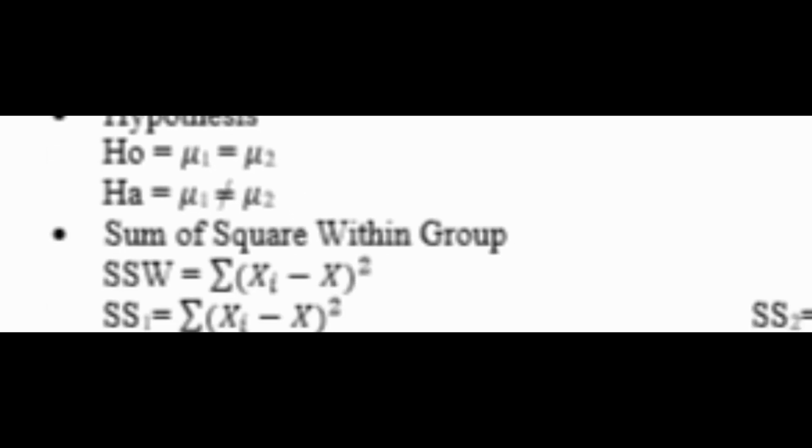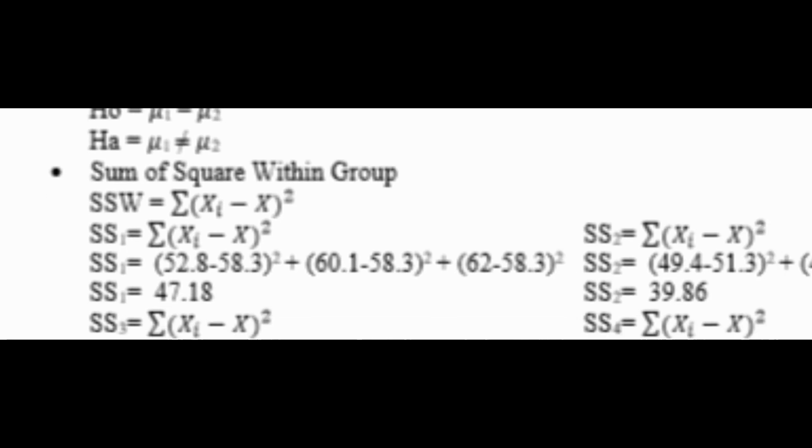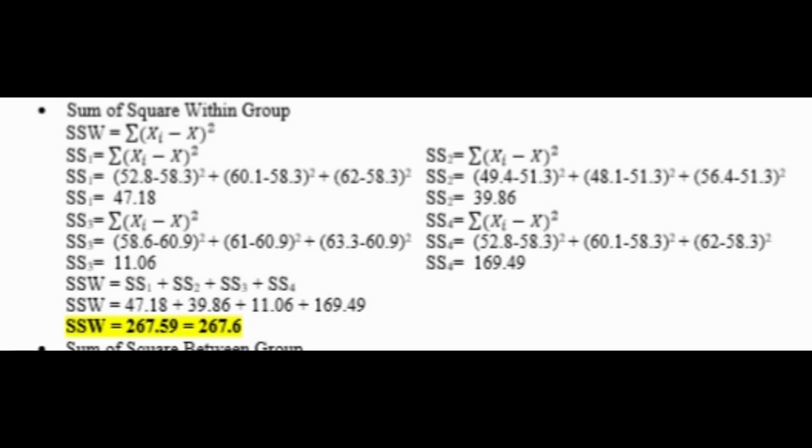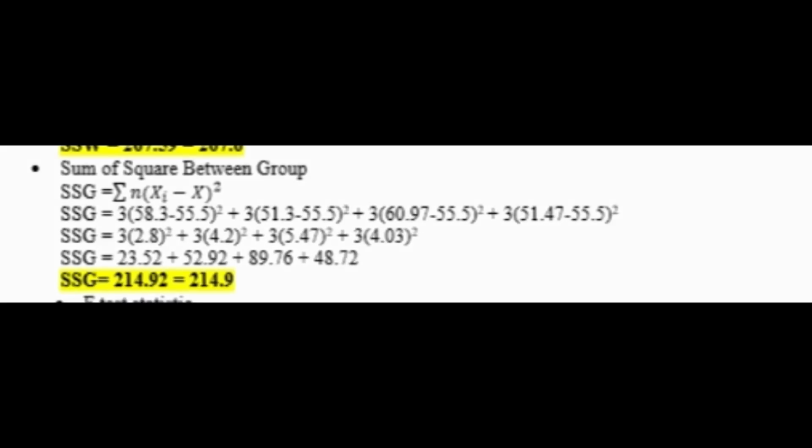After the hypothesis, we move to the sum of squares within groups. We can calculate it with this formula, and the result is 267.6. Next, we calculate the sum of squares between groups with this formula, and the result is 214.9.